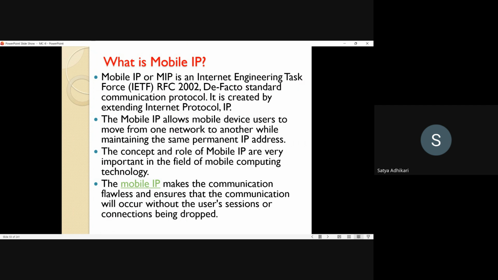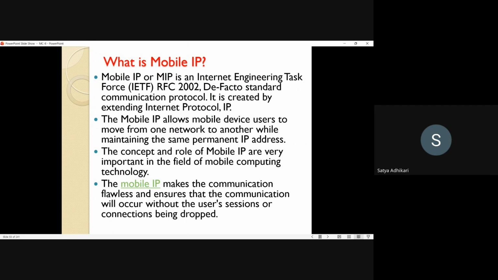We are leaving our existing network and entering a new network. The internal IP address of our device may change, but mobile IP allows the mobile device user to move from one network to another while maintaining the same permanent IP address. This is possible by using this protocol.